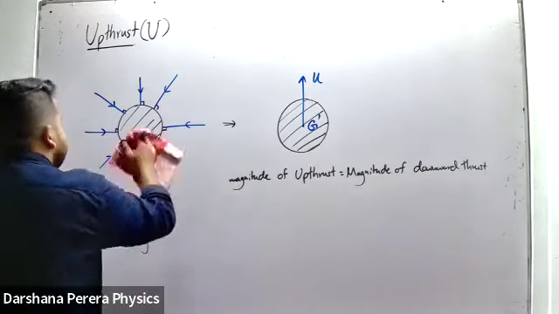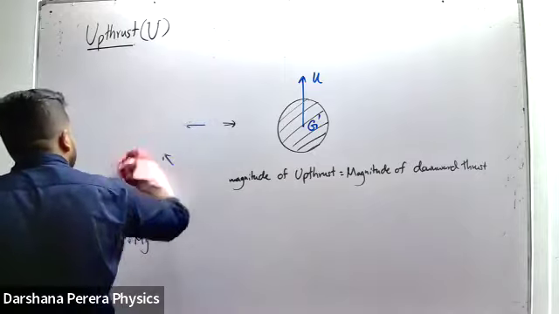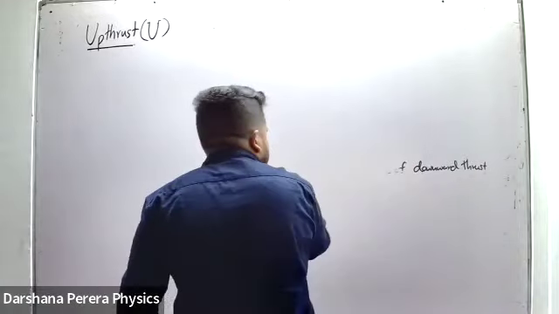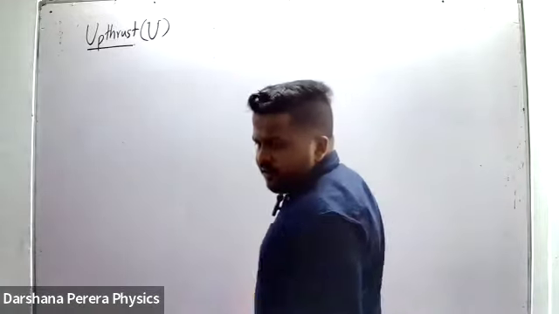G dash means the center of buoyancy, right? Okay, write down the topic.